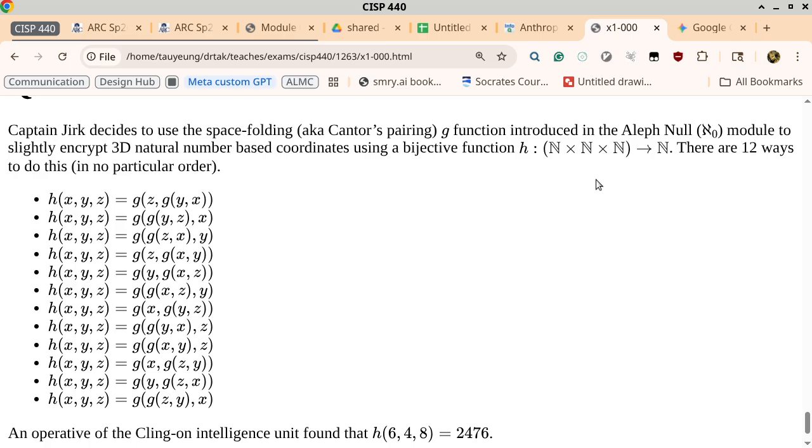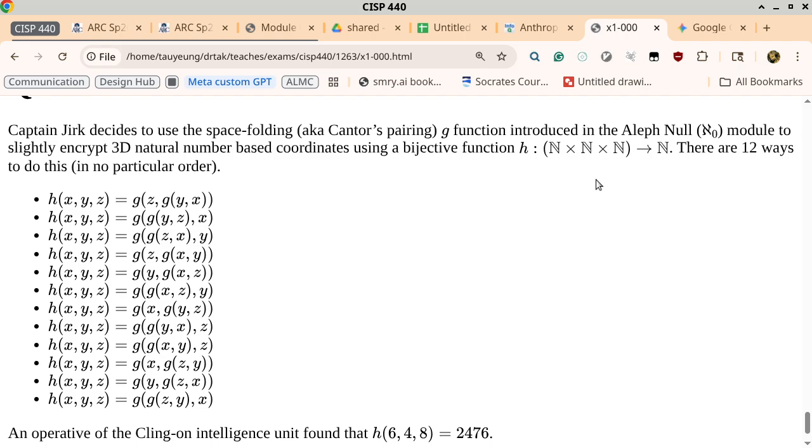Captain Jerk decides to use the space folding, or Cantor's pairing function, also known as function G in the Aleph No module, to slightly encrypt three-dimensional natural number-based coordinates using a bijective function h, which is new to you.